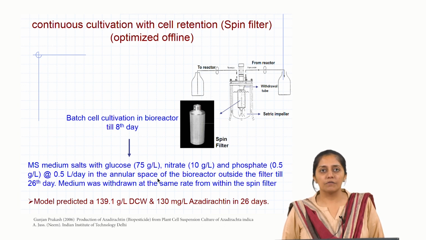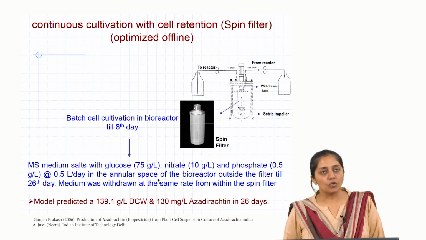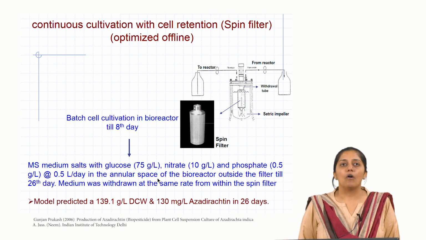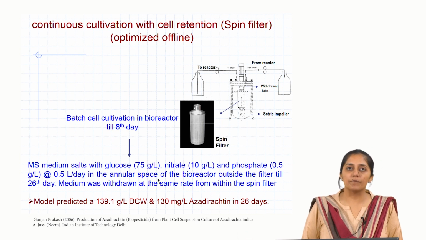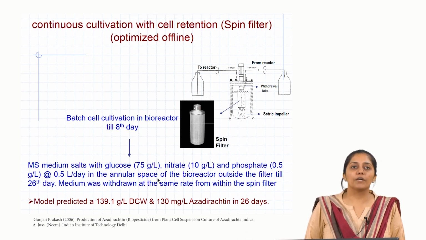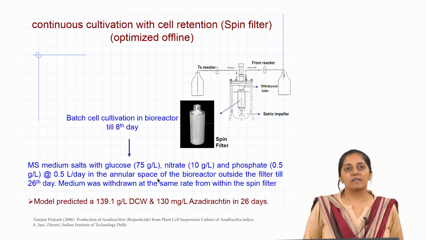One of the strategies which could give higher azadirachtin productivities than in fed batch or in batch was chosen for experimental validation in continuous cultivation. The MS medium salts with glucose of 75 grams per liter, the nitrate feed of 10 grams per liter and phosphate of 0.5 grams per liter at a flow rate of 0.5 liters per day was chosen for the experimental study.